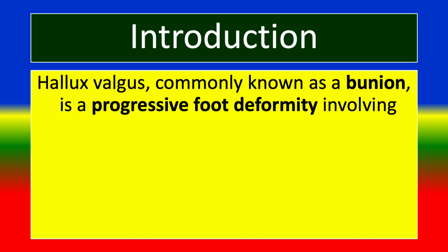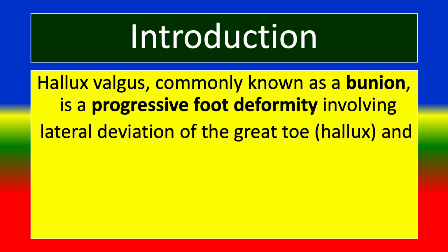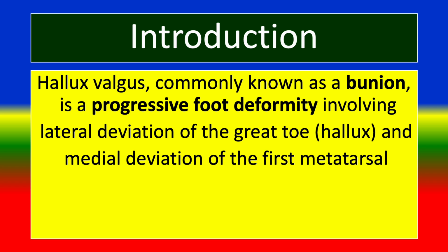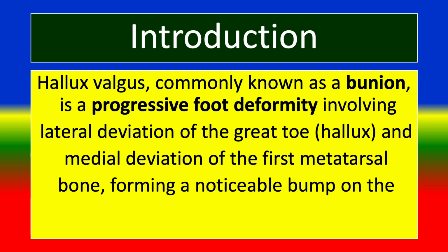Introduction. Hallux valgus, commonly known as bunion, is a progressive foot deformity involving lateral deviation of the great toe, the hallux, and medial deviation of the first metatarsal bone, forming a noticeable bump on the inner foot.